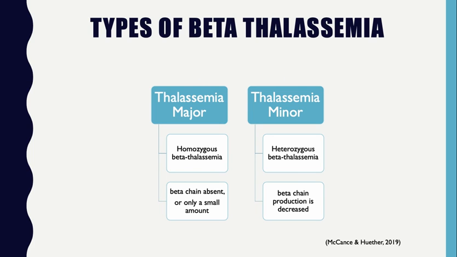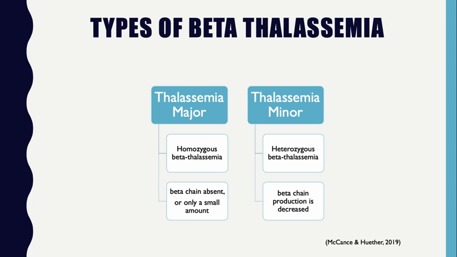The types of beta thalassemia. There's thalassemia major, which is also called Cooley's anemia for Thomas Cooley, who was the first one to describe thalassemia major. This subtype is homozygous, meaning you have two of those recessive genes present, and the beta chains are absent or only there in a small amount.